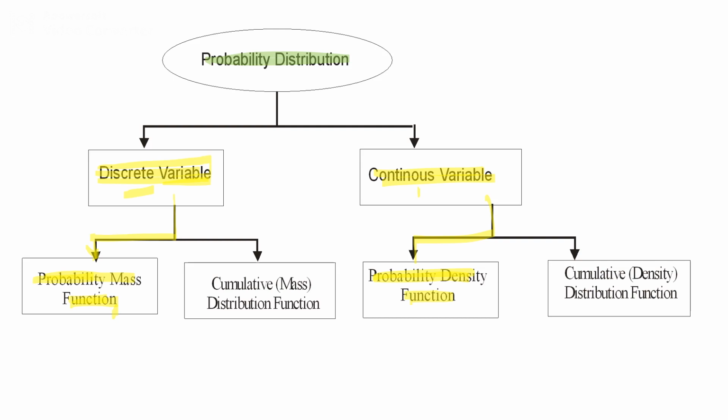And the second function is the cumulative distribution function. In the discrete case we say cumulative mass distribution function, and if the variable is continuous, we say cumulative density function. So just remember, if the variable is discrete, the word mass is used, and if the variable is continuous, we use the word density.